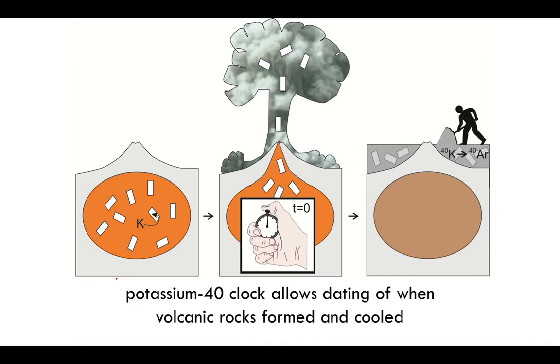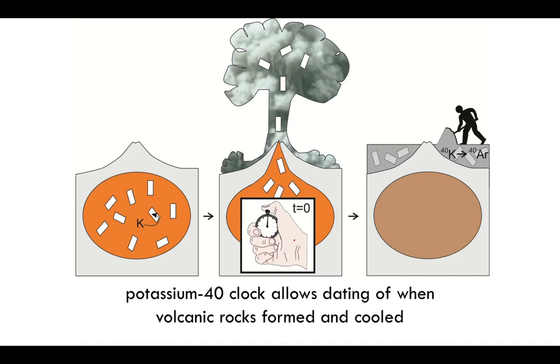In this case, it is a similar process whereby molten rock, liquid rock inside of the Earth, is picking up potassium-40. As long as it remains liquid, it continues to absorb potassium-40 at a fairly steady rate.